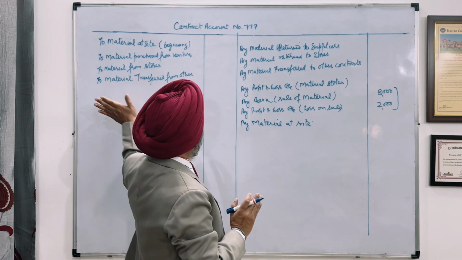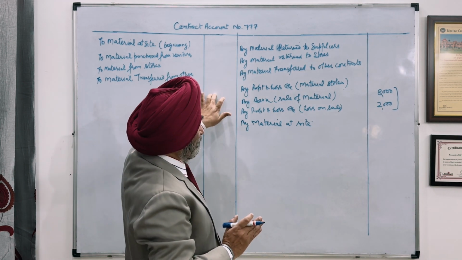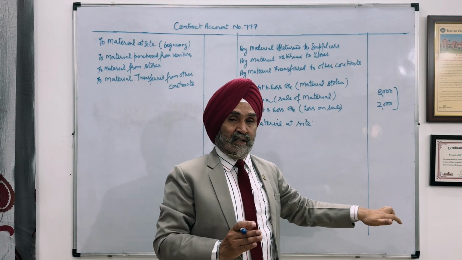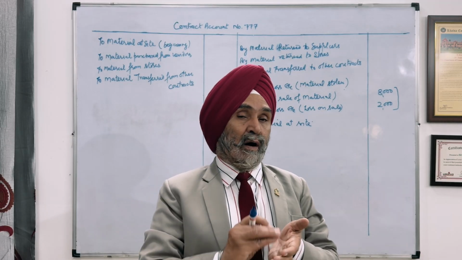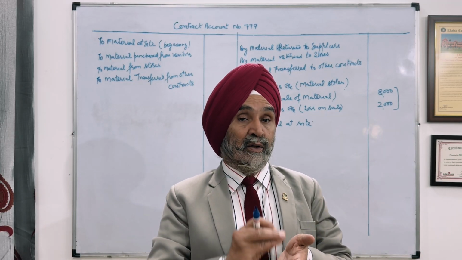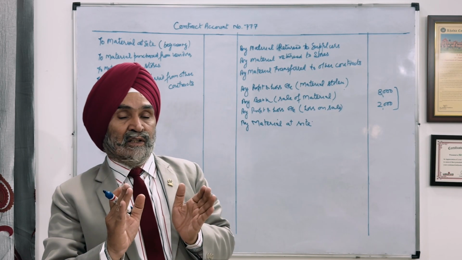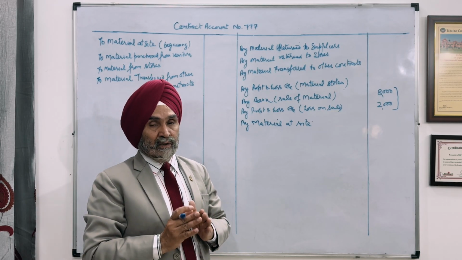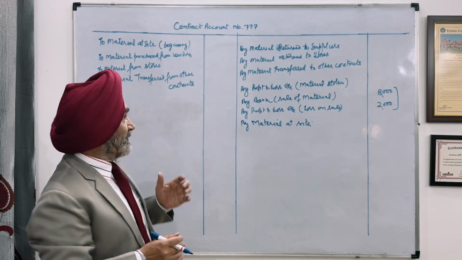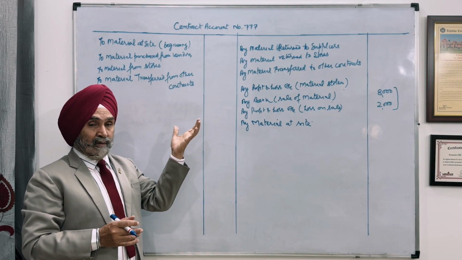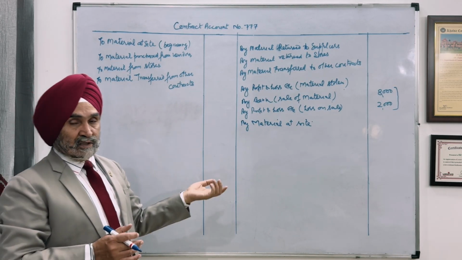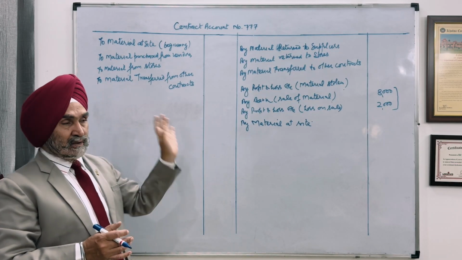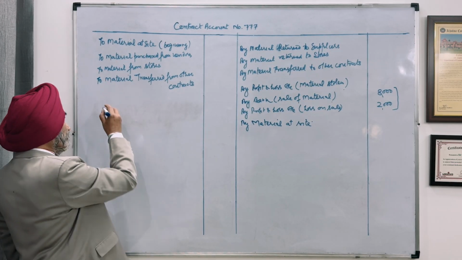All debited minus all credited is the cost of material consumed on this contract during the year. This is how we record the cost of the material. Material may be sand, cement, bricks, steel, or anything else that is consumed.